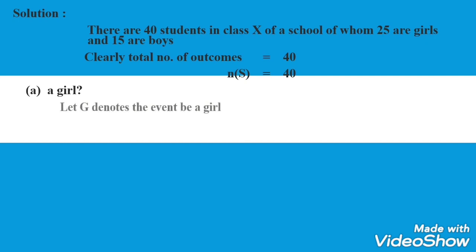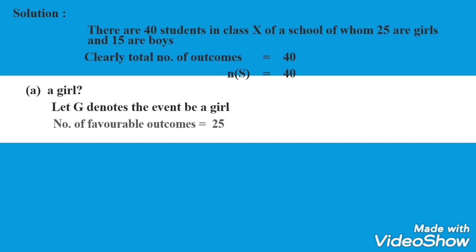How many girls are there? 25. So the number of favorable outcomes is 25. Because we now have favorable outcomes and total outcomes, we write n of G equal to 25.